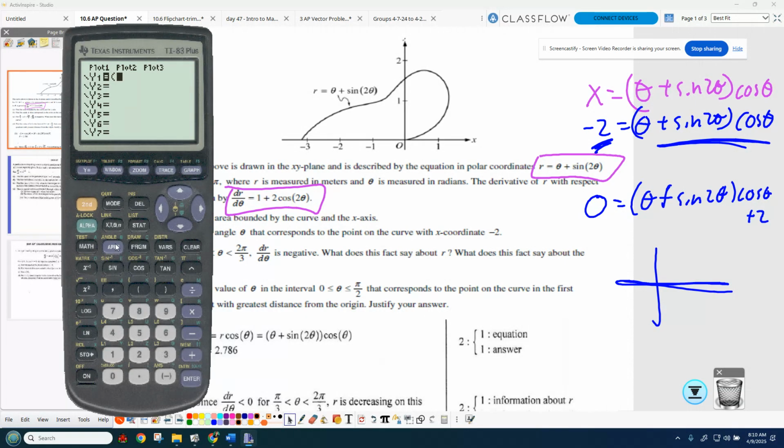So let's see, parentheses, theta plus sine 2 theta. Don't be upset that they are x's. Close the parentheses on the angle as well as the trig function, times cosine theta. Make sure to close the parentheses again. And then I'm doing the plus 2.